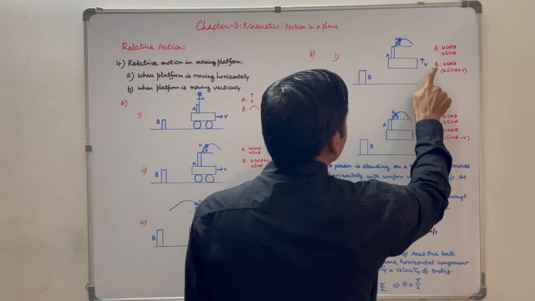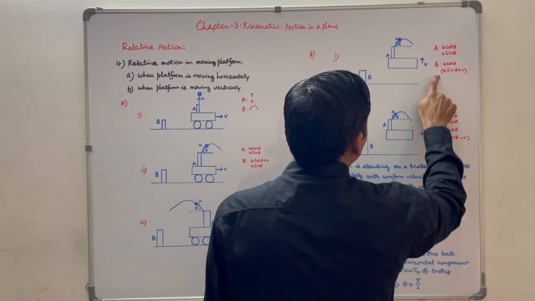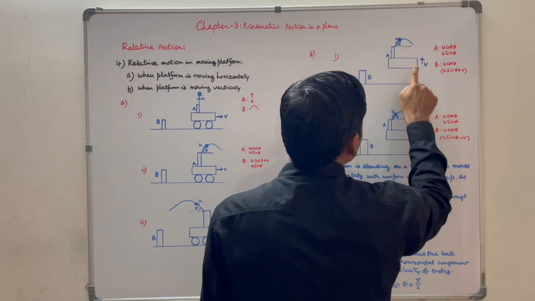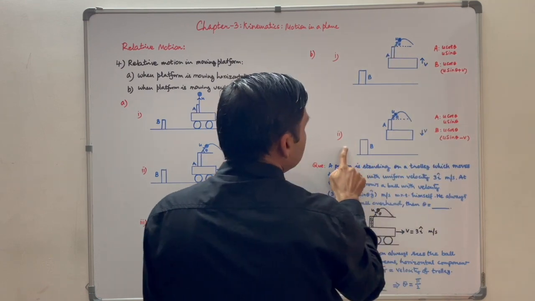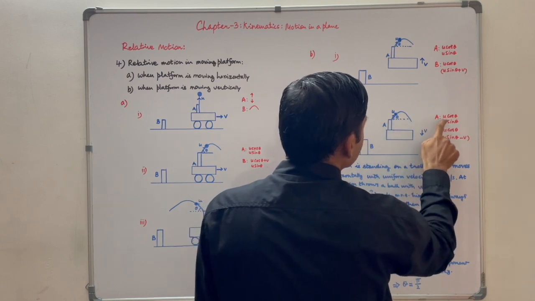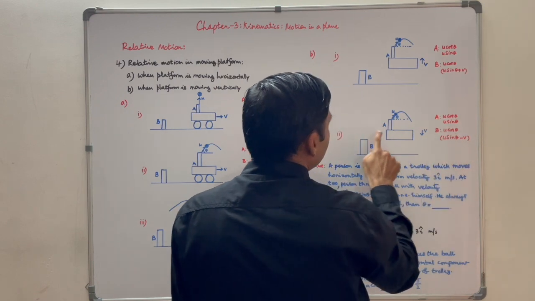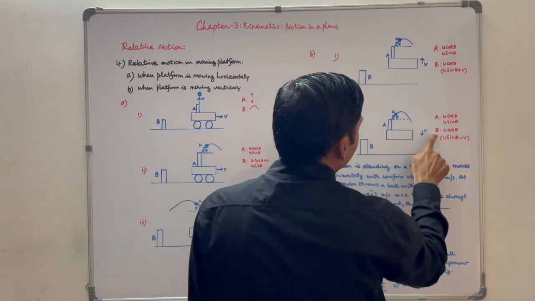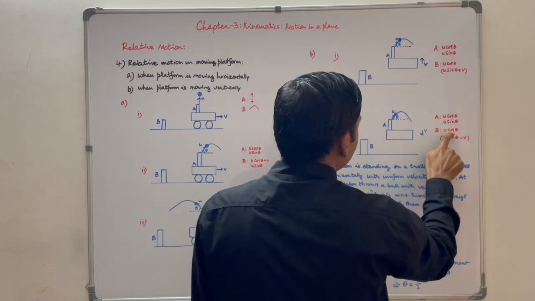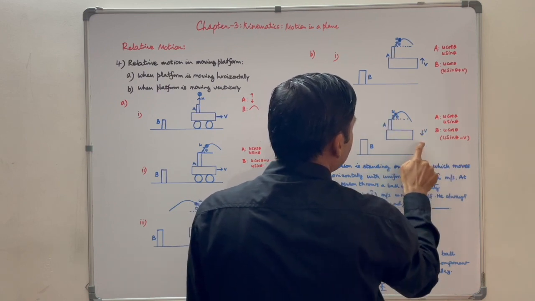For B, the horizontal component will be u cos theta and the vertical component will be u sin theta plus v. In the other case, for A, the components are again u cos theta and u sin theta. For B, the horizontal component will be u cos theta and the vertical component will be u sin theta minus v.